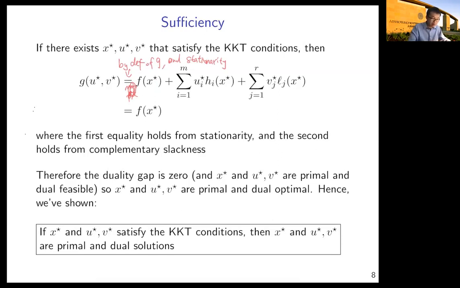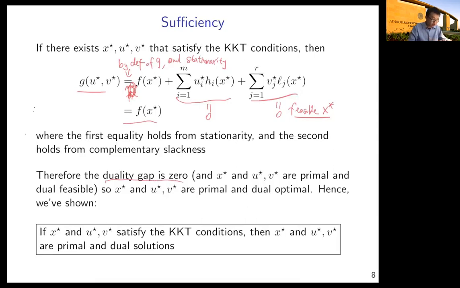And now by applying the complementary slackness, we can see that this is actually 0, and this is 0 by feasibility. And then that gives us that the dual solution is equal to the primal solution, which gives us that the duality gap is actually 0.